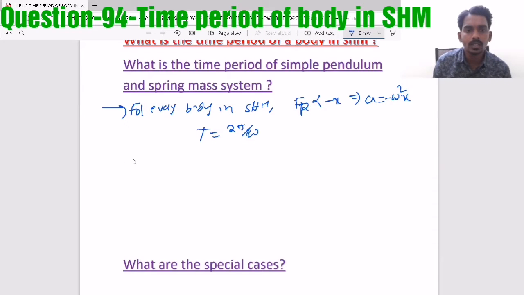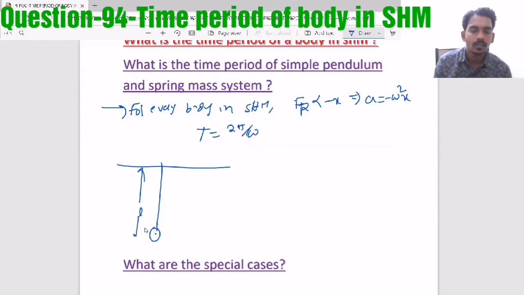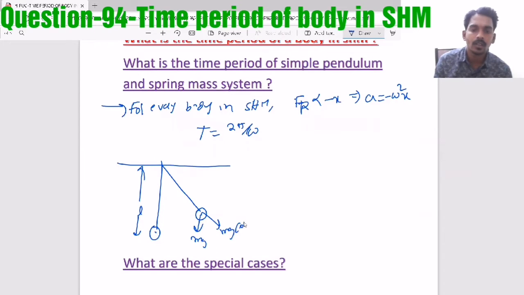Now when you consider a simple pendulum of length L, then here mg sin theta is the restoring force. This is mg. This is mg cos theta. And this is mg sin theta. So if you show it, then the time period will become 2 pi root L by g.